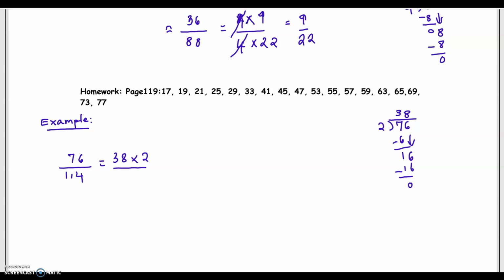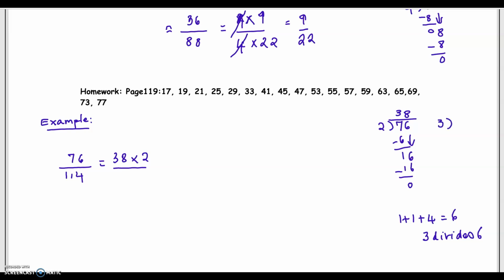Now 114, 2 does go into 114. Now suppose I add the digits. I get a 6. 3 divides 6 because 3 times 2 is 6. So I know that 3 divides this entire number.